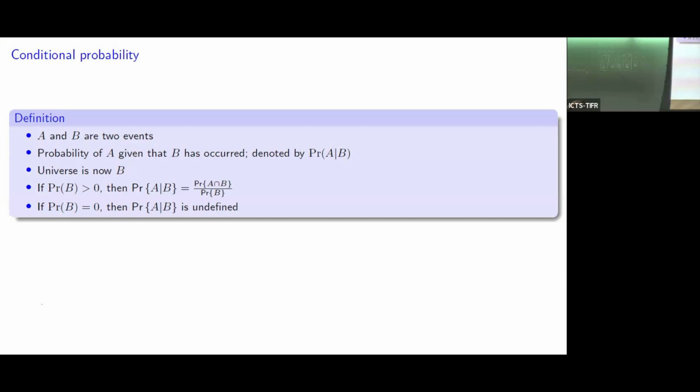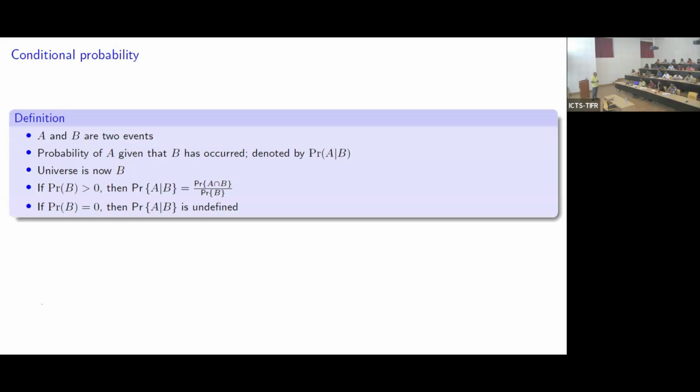That is why you have this probability of B in the denominator. So this is how you can define conditional probability. And if probability of B is 0, then you say that this conditional probability is undefined.